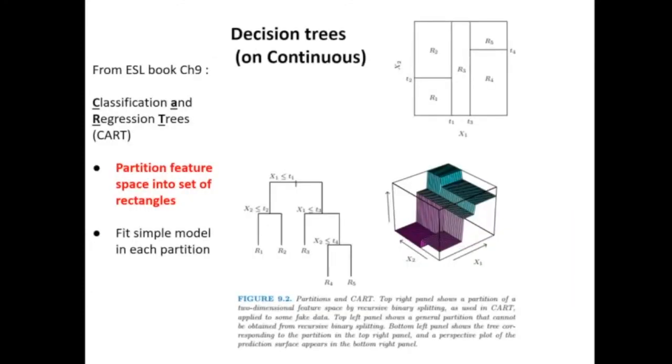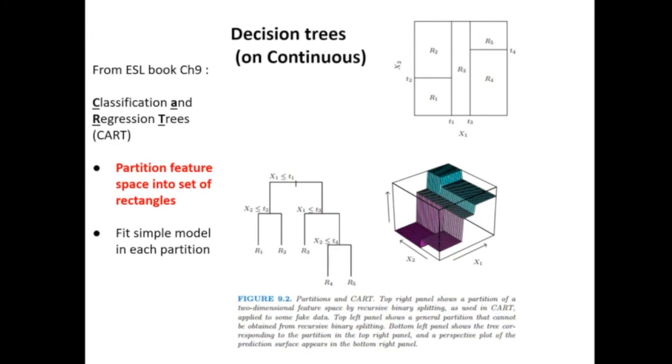In the continuous case, what are decision trees really? Let's use a classic decision tree called CART. It's still a tree, so let me give you an example. On the top level, it uses a threshold point to separate the space into two.